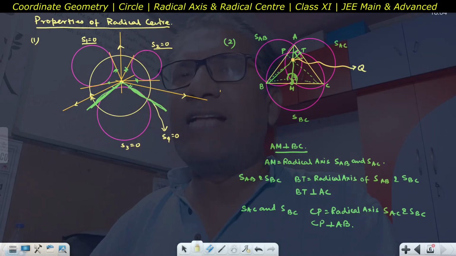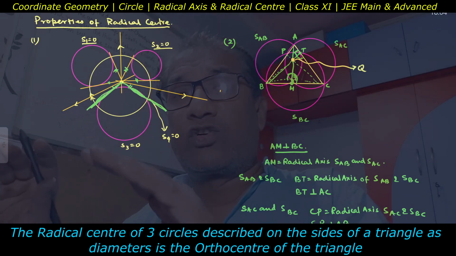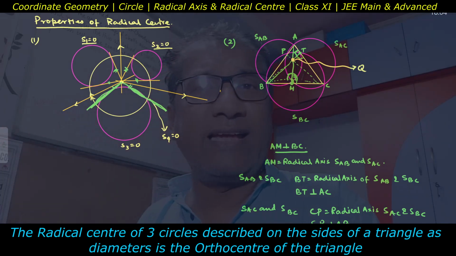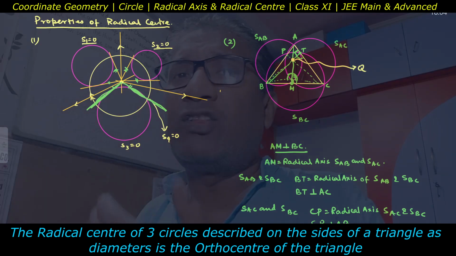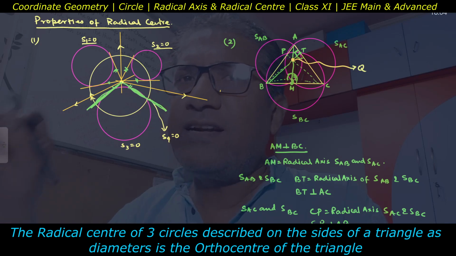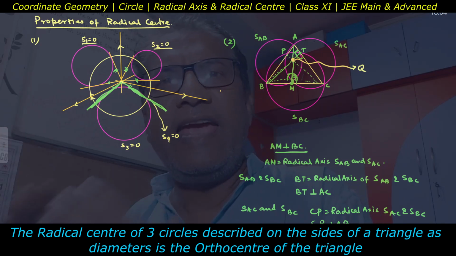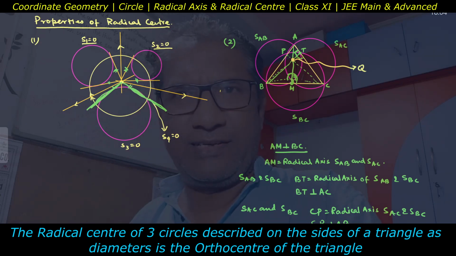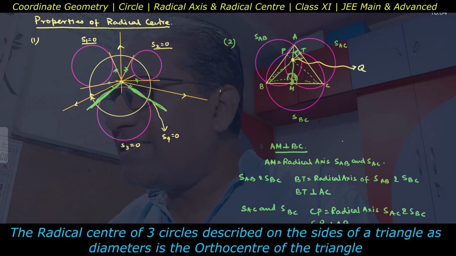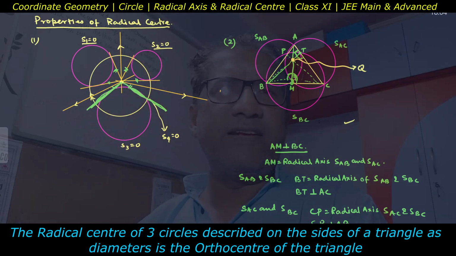We have proved that the radical center for these three circles, which are drawn on the sides of the triangle ABC, taking the length of the side as the diameter, and the orthocenter for the triangle ABC, are the same point. Is it clear? So this is our second property for radical center.